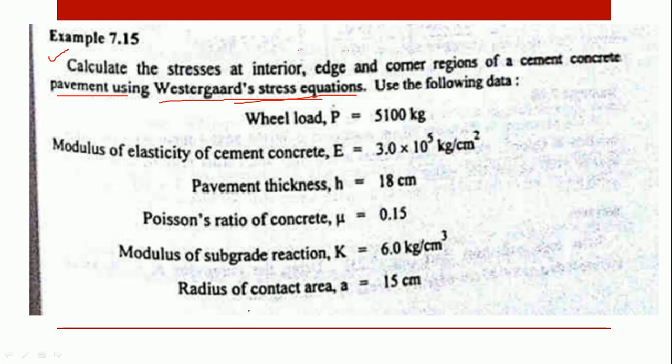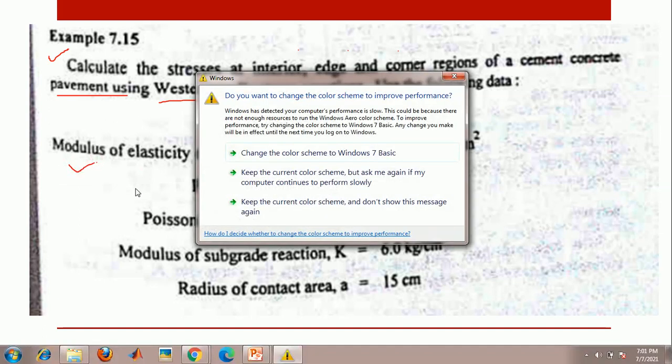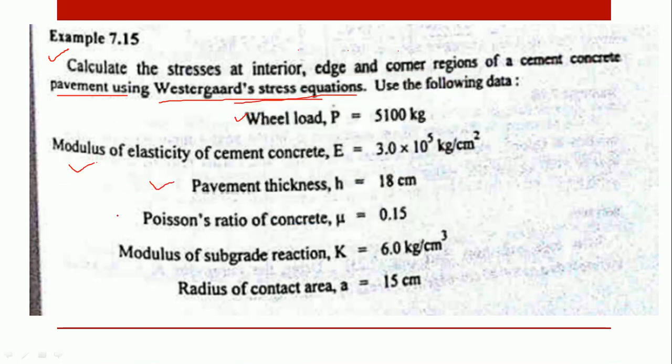All the data are directly given with notation: wheel load P, modulus of elasticity of cement concrete, pavement thickness, Poisson's ratio, modulus of subgrade reaction and radius of contact area. So this is the given problem.